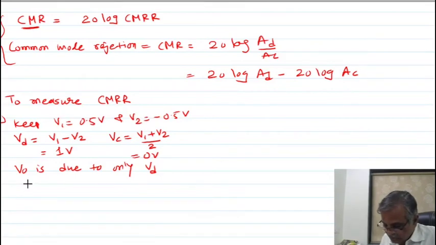As a result, your differential gain is VO by Vd. So first you find the differential gain.